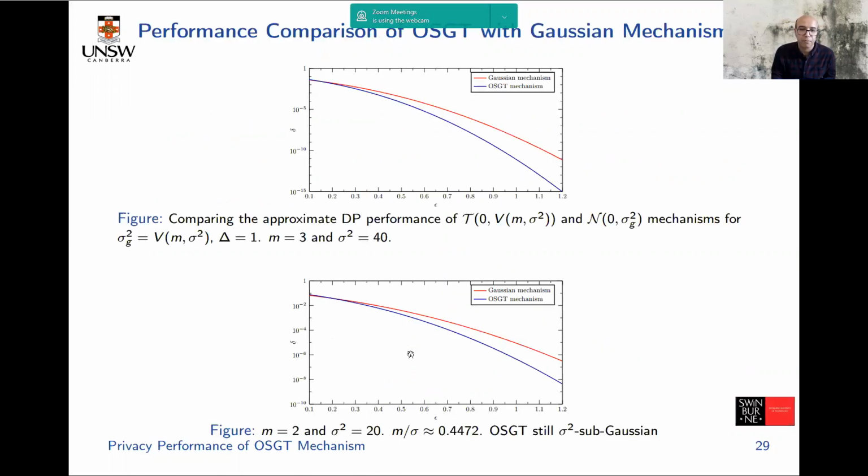Here you can see the numerical comparison of OSGT and Gaussian distribution for different values of sigma squared, 40 and 20, and for this range of epsilon in both figures, you can see OSGT gives better performance in terms of approximate differential privacy.